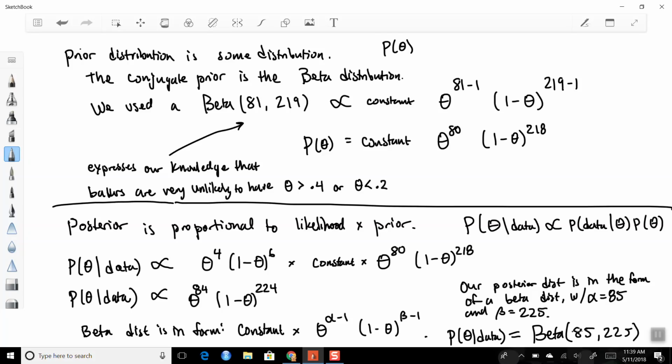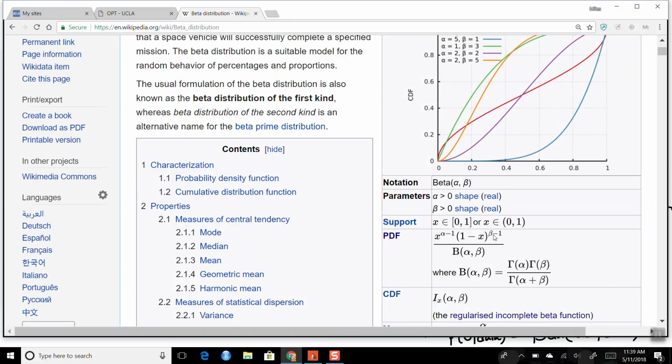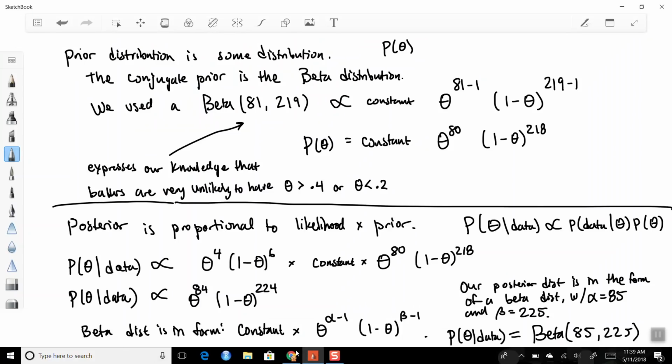No. If you tell me it's the beta 85 comma 225, then we could plug 85 and 225 into here, and whatever this turns out to be will be the constant that we need. But I don't know what that is, and I don't think my ordinary calculator can do that, but who knows?